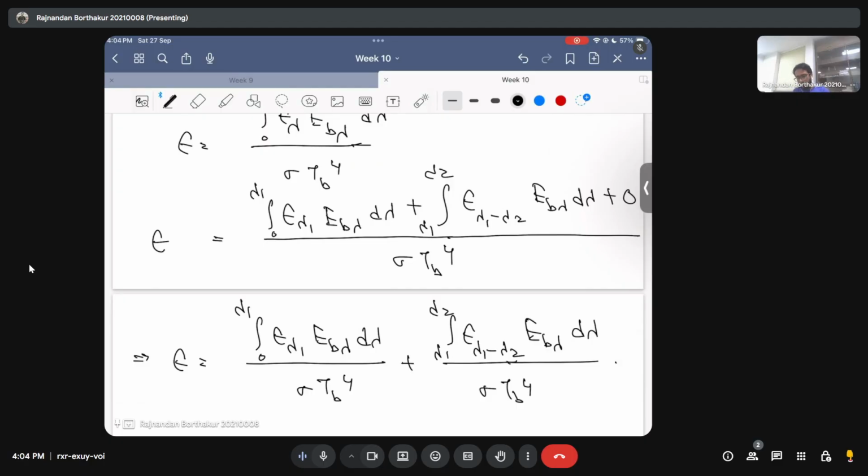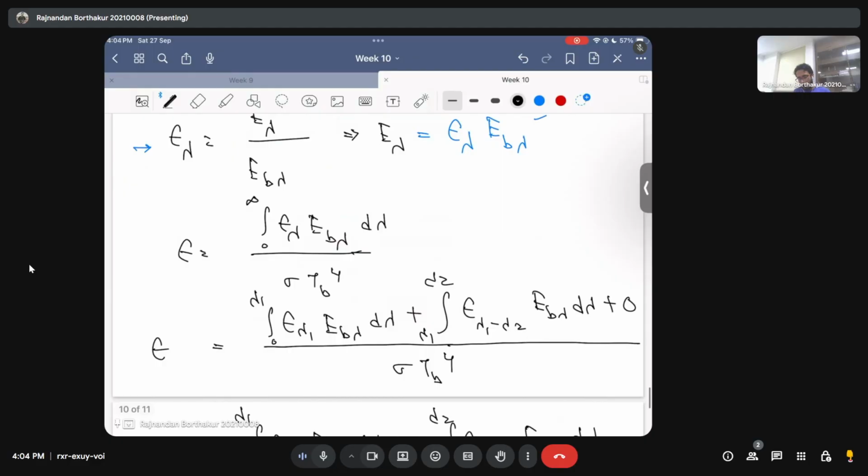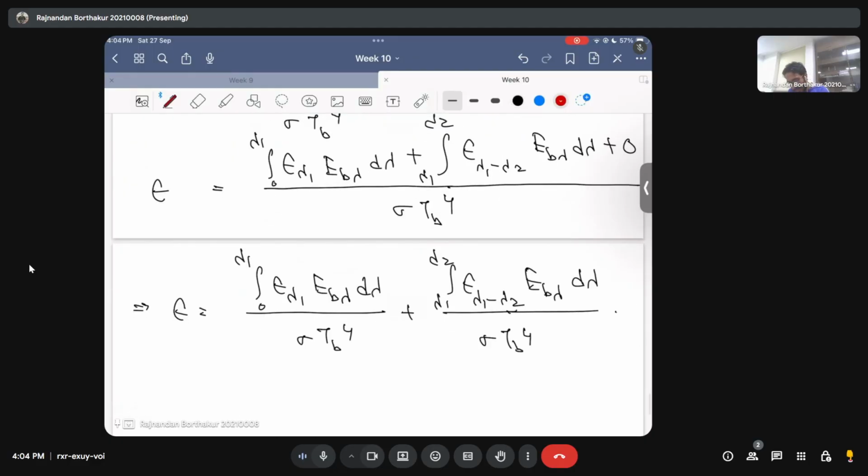Now, the good thing is that within 0 to lambda 1, as you can see from your figure, within 0 to 2 micrometer, your emissivity is just constant. So this means epsilon 1 will now come outside the integral, and that is one of the most important concepts of this exercise: trying to identify within which band your spectral emissivity is constant.